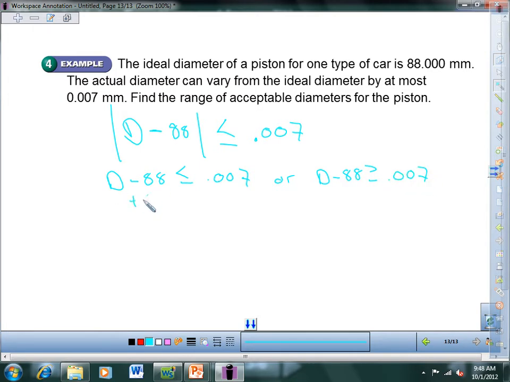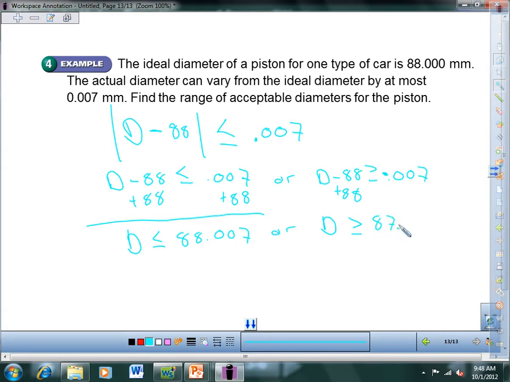Then you add 88 to both sides, and you get d is less than or equal to 88.007, or d is greater than or equal to 88 plus negative 0.007, which gives you 87.993. Is that right? So these are the tolerances, the range of cylinders you could have for your car.